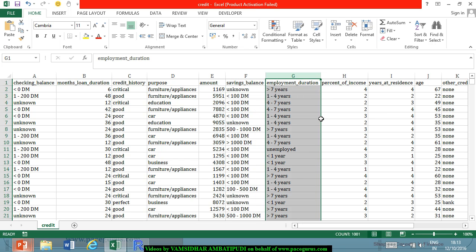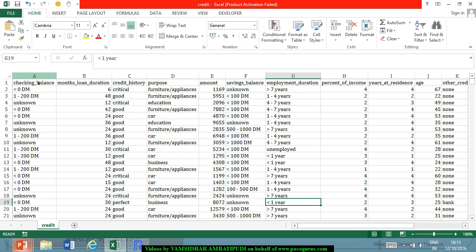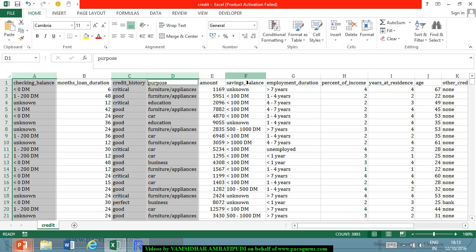The employment duration: 1 to 4 years, 4 to 7 years, greater than 7 years, less than 1 year. Remember, these are all nominal variables.